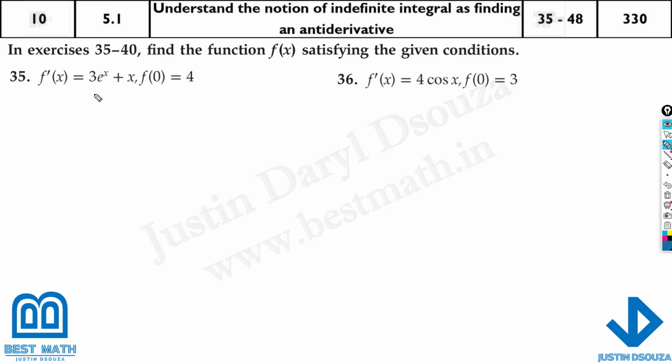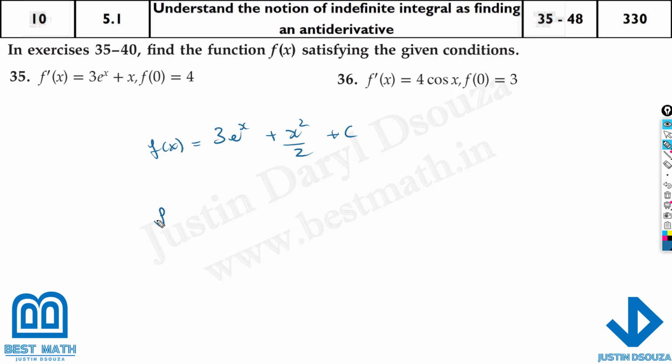Let me just solve this quickly here. You have 3e to the power x plus x squared by 2 plus c. This is f of x, because we integrated this, antiderived. And then what is given? F of 0.